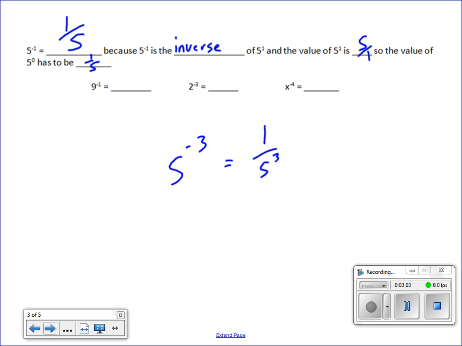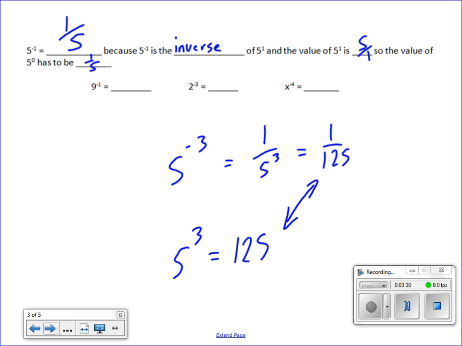Let's stick with this 5 here. If I have 5 to the negative third power, I want to know what that equals. That's equal to 1 over 5 to the third power, right? Because 5 cubed is equal to 5 times 5 times 5, 125. 5 to the negative third, I'm going to flip it.